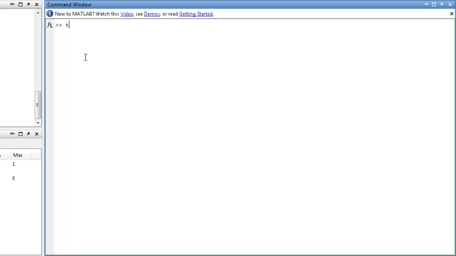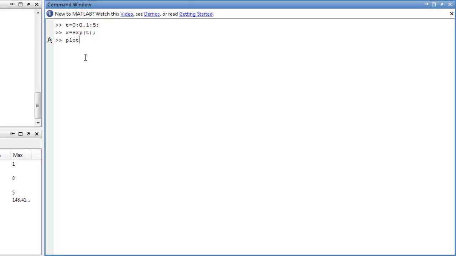So I define t as 0 to 5 with a difference of 0.1, and I terminate here because I don't want to see the different values, and x gives exponential of t, e to the power t. I want to plot a graph for this with t varying from 0 to 5.